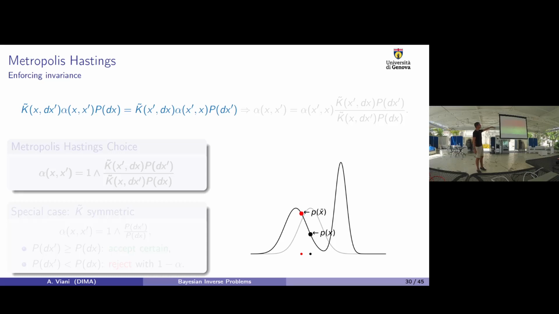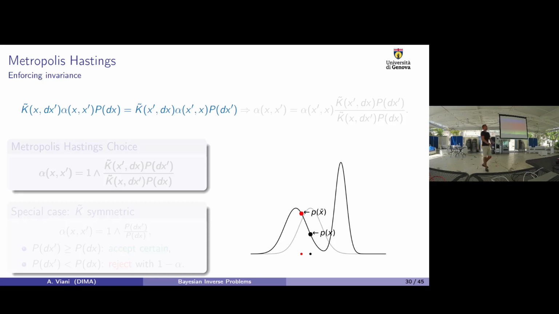If we write down the detailed balance condition for K, it is the same as for K tilde when we stay where we are, because x and x prime are the same point.